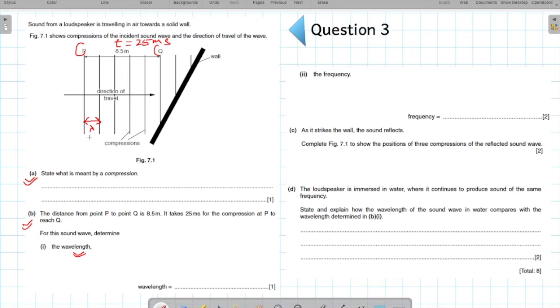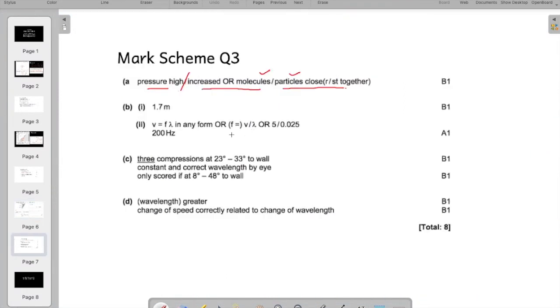So this is your lambda, another lambda, 3 lambdas, 4 lambdas and 5 lambdas. 5 lambda of a distance is 8.5. 1, 2, 3, 4, 5. 5 lambda is equal to 8.5. So lambda is 8.5 divided by 5, so 1.7 meters. That's your answer. Let's tally our answer. Yes, it is 1.7 meters.